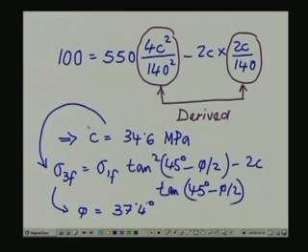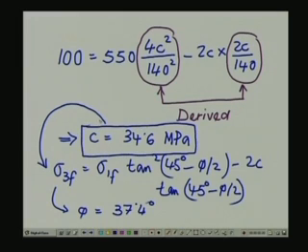So these are the results: c is 34.6 MPa, and phi in this particular case is equal to 37.4 degrees. So here we made use of one unconfined compression test and one triaxial test for getting the strength parameters of interest.